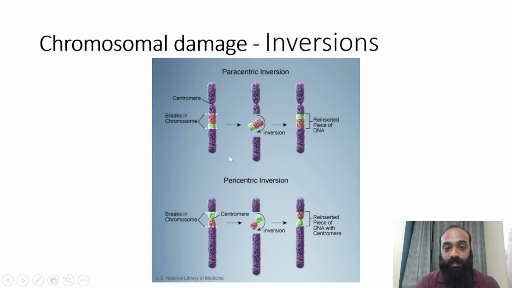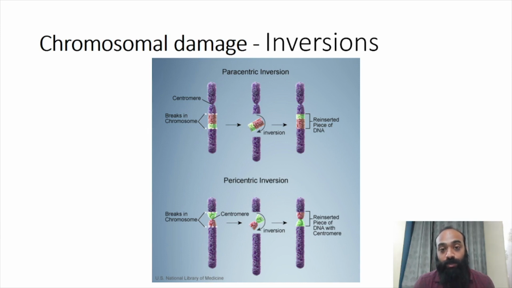What happens in this case is that the genetic information becomes altered. Suppose there is a gene which is traversing this region of the chromosome over here. If it gets inverted, the information is not complete. The gene would not be a complete sequence, and although the information is retained, it is not a continuous stretch of DNA, of what is probably an important gene.